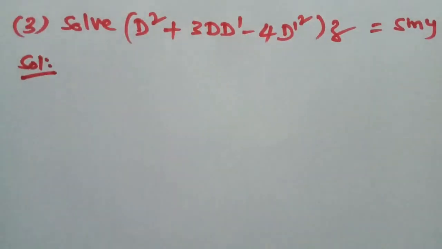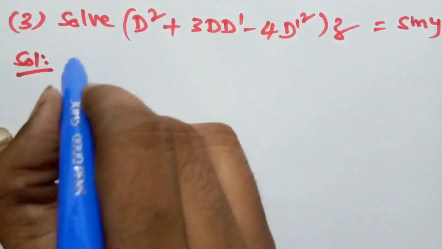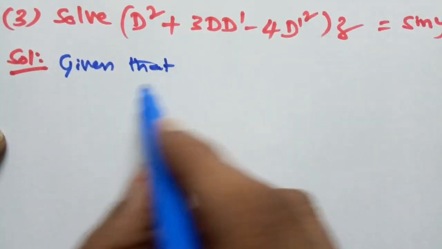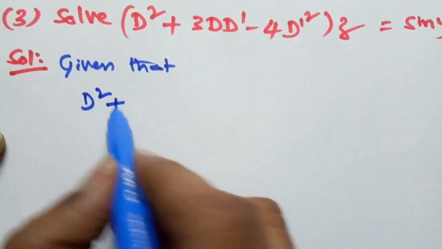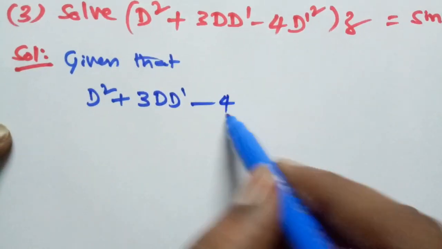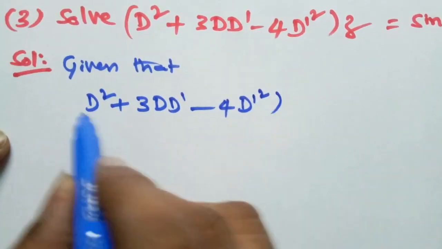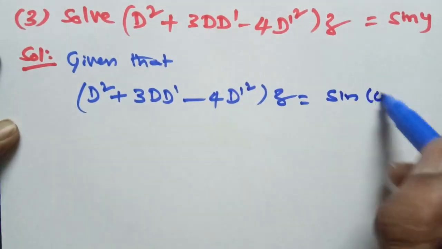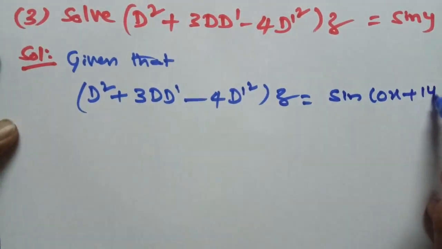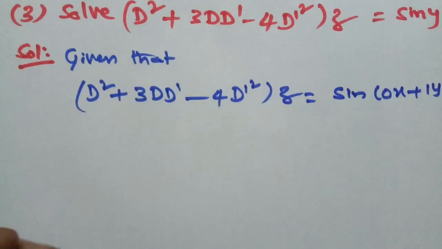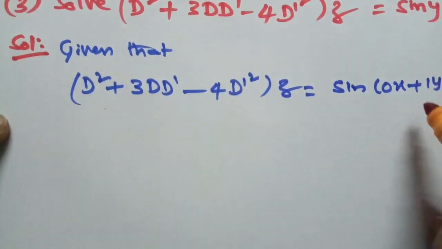Therefore, this can be written as, given that, (D square plus 3 D dash minus 4 D dash square) z is equal to sin of 0x plus 1y. Say this is equation number 1.